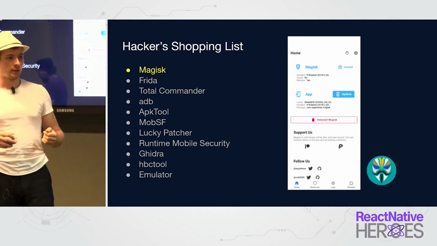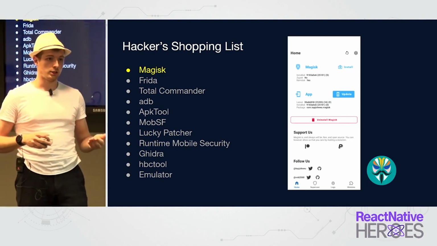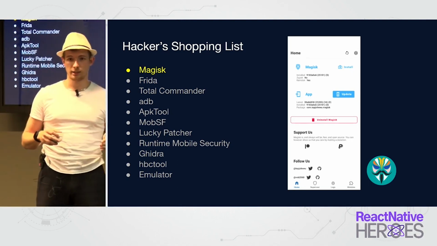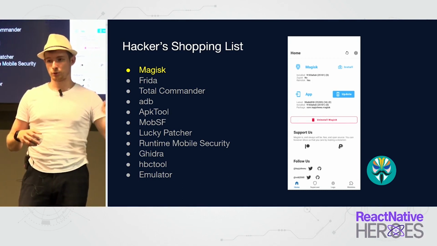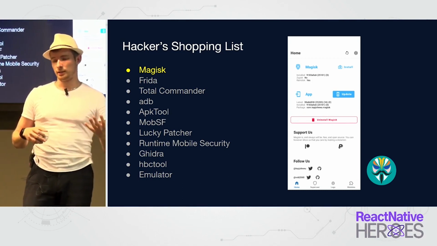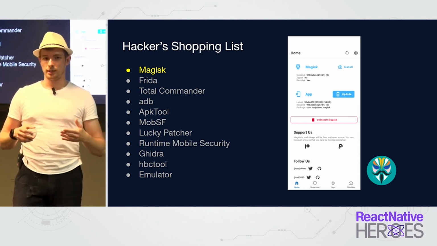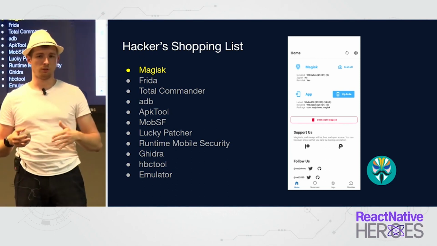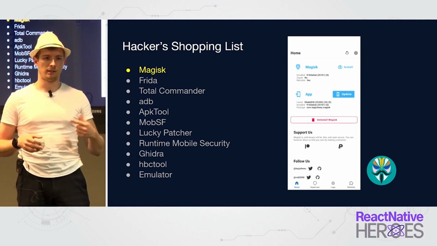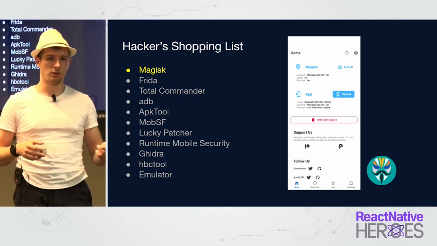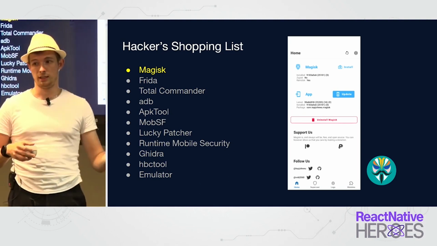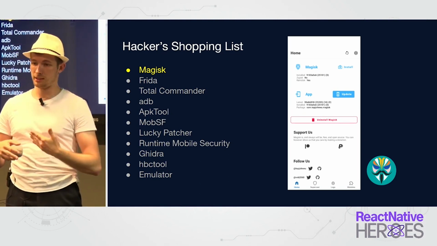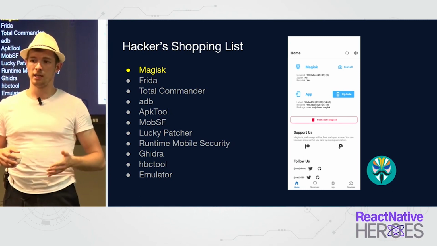So one of the first technologies needed for an Android device to be rooted, so an attacker can proceed with his operation, is Magisk. Magisk is a rootkit which is installed by the reverse engineer himself to enable root operation on the device, so he can extract your app's data and do whatever he needs.